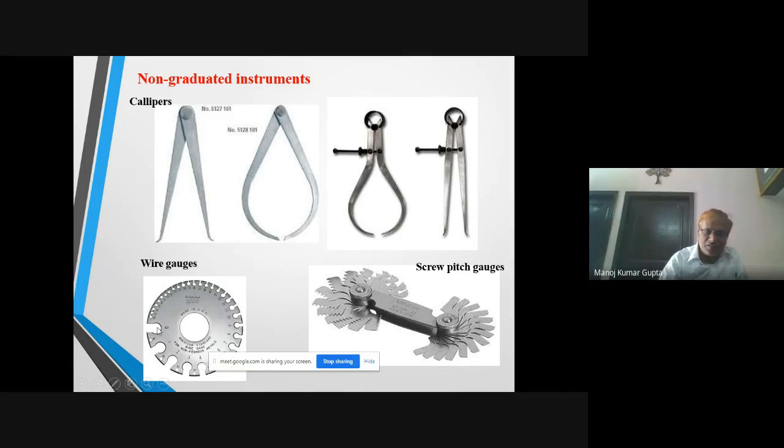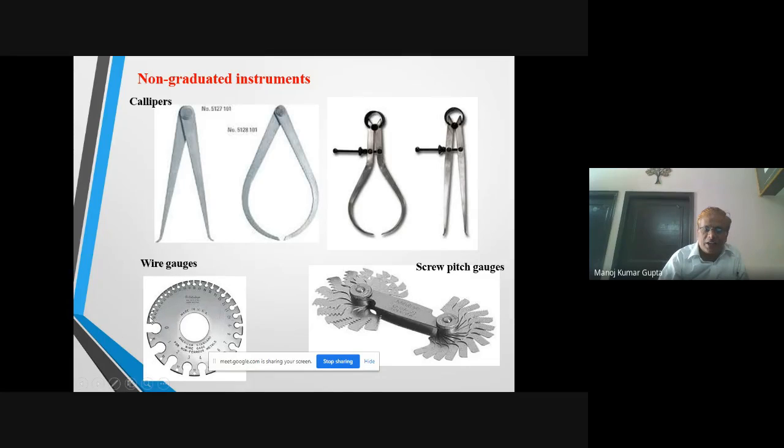The wire is inserted in the outside holes, and the hole into which the wire fits gives the diameter of the wire. Suppose this is written as 7, this is 8, 9, 10, and these go up to 50. This scale is up to 50, so 50 SWG. SWG means standard wire gauge.